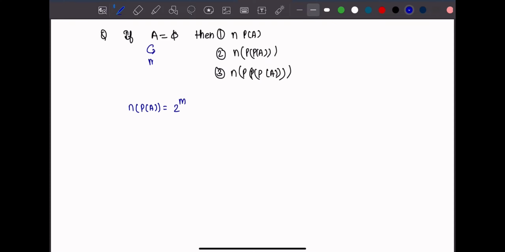So in this case m is equal to what? 0, which means answer is what? 2 power 0, which is equal to 1.